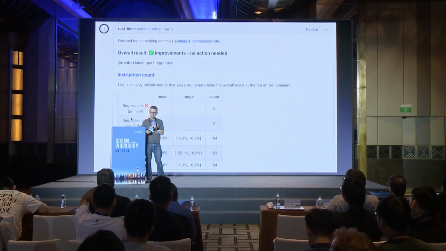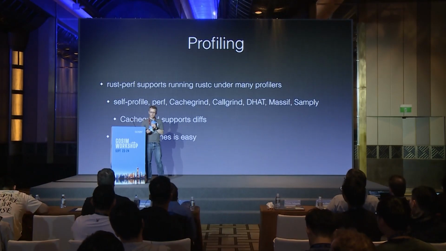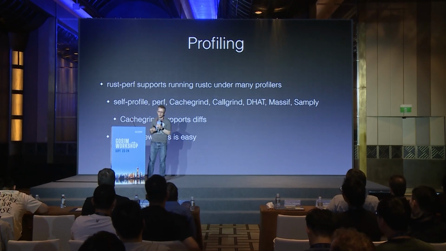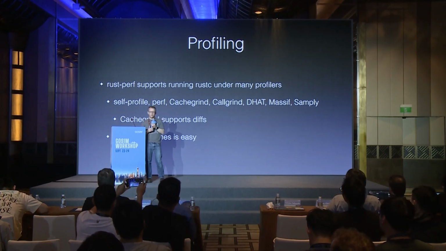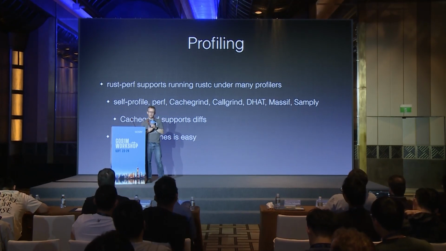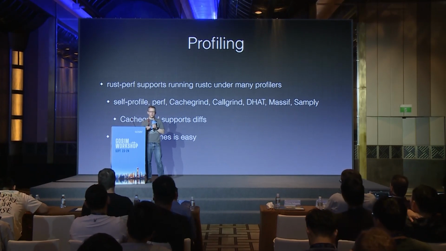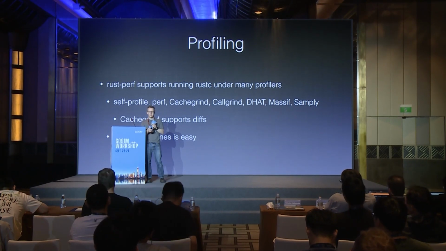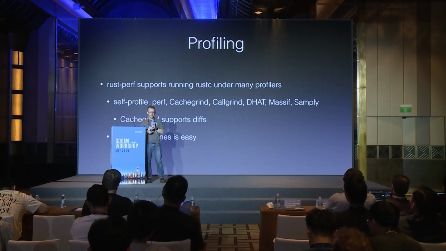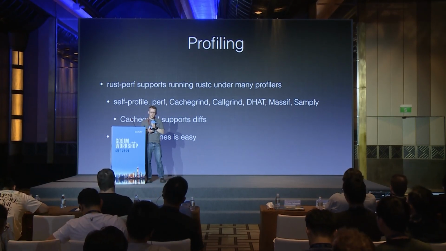And then finally, rustcperf supports profiling as well as benchmarking. You can run the compiler under many different profilers. These include the compiler's own self-profile profiling infrastructure, perf, cachegrind, dhat, a few others, a variety of different profilers.